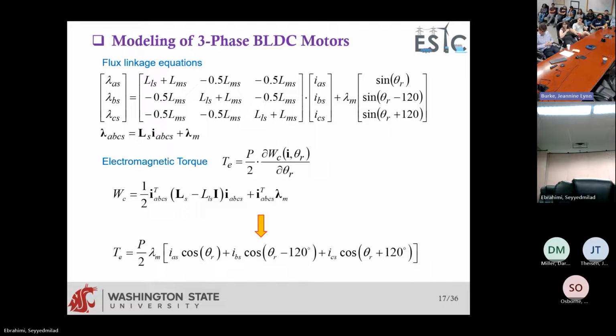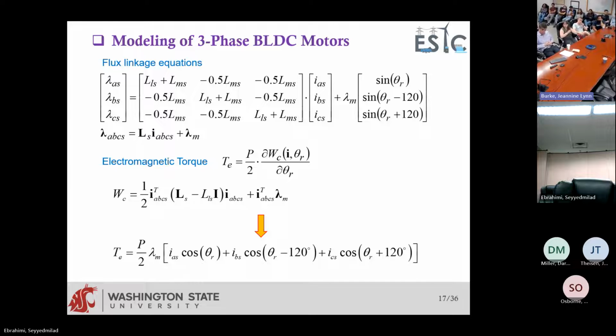To complete, you also need to formulate the electromagnetic torque. From your machine course, I know that you know, the electromagnetic torque is number of poles divided by 2 times the partial derivative of co-energy with respect to theta, right? The co-energy formula is like this, but you don't need to worry, because if you take the partial derivative of the first term, it's not a function of theta, so it's going to be 0.